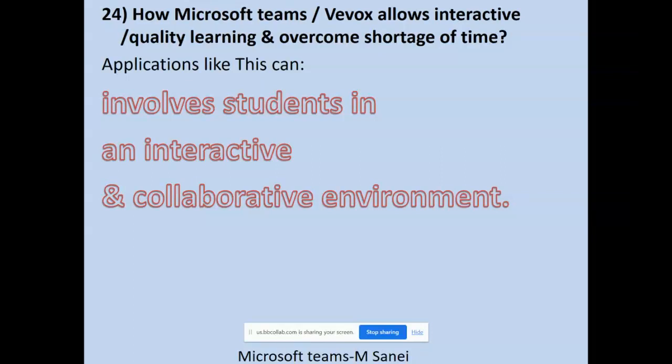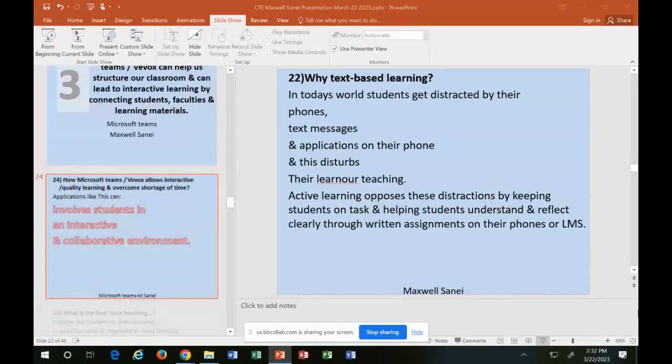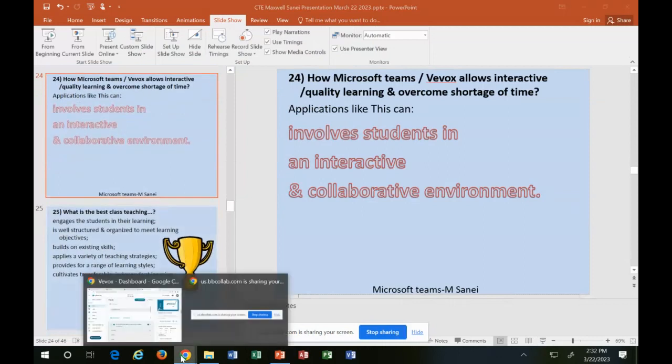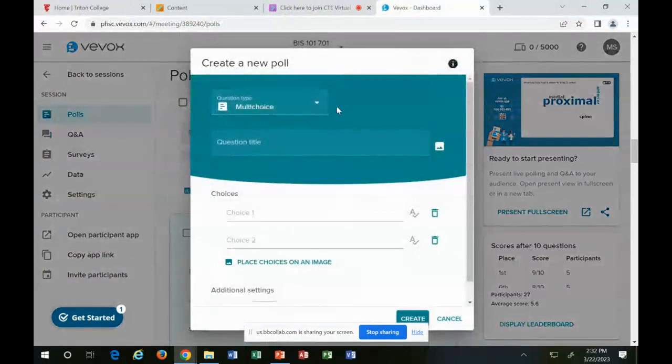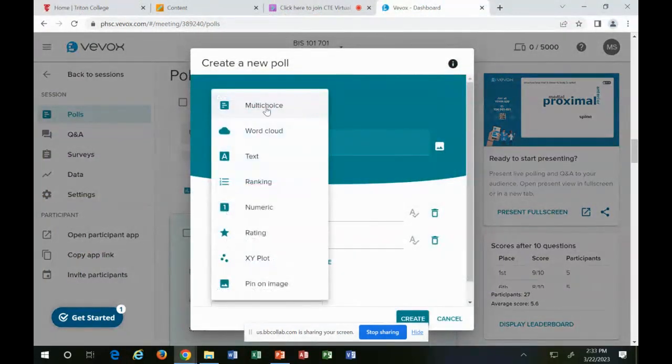VBox does not let you do any of this. If I go there again, I will show you how it lets you do things. Okay, so for adding a question, look at this. These are the options: multiple choice, word cloud, the one that I showed you.